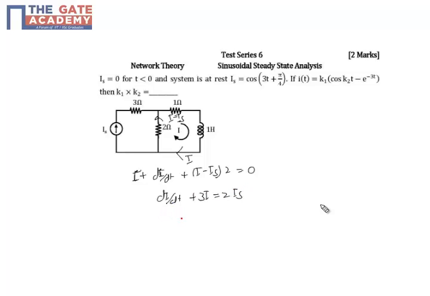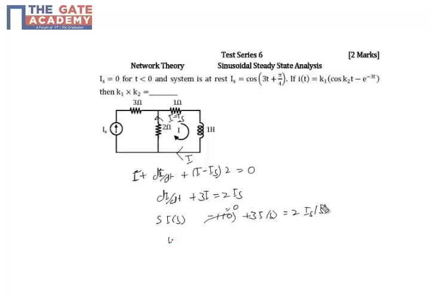So I am taking the Laplace transform here. So S into I of S minus I of 0 plus 3 into I of S is equal to 2 into Is of S. Now in the question it is given that the system is initially at rest, so I of 0 is equal to 0.